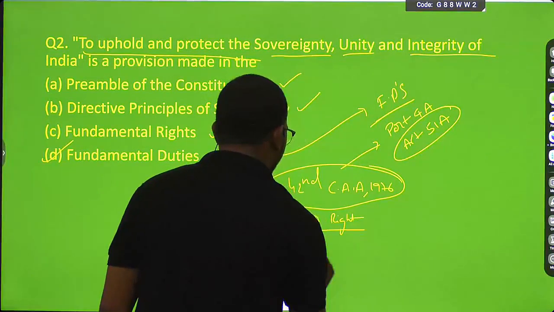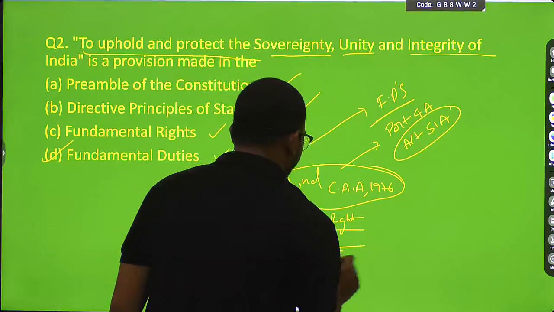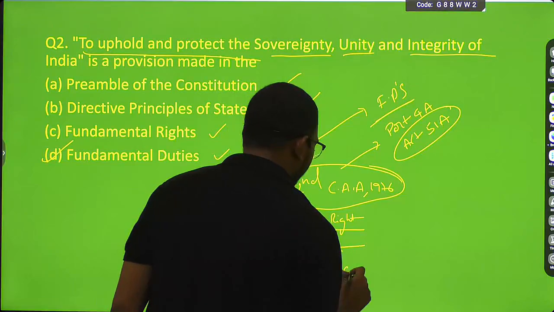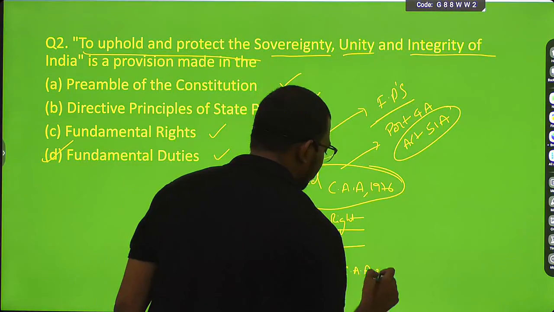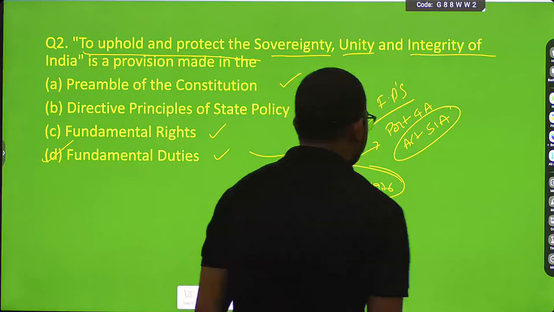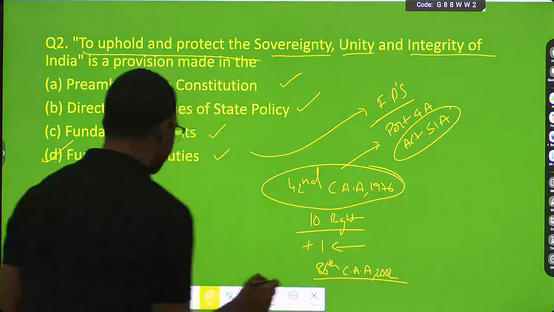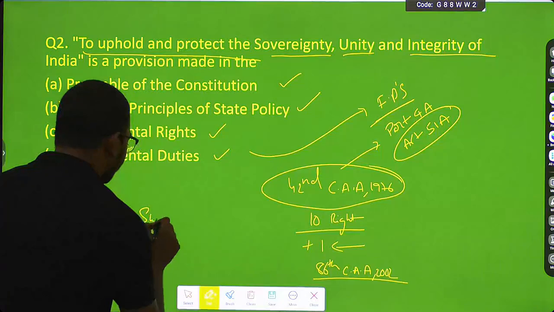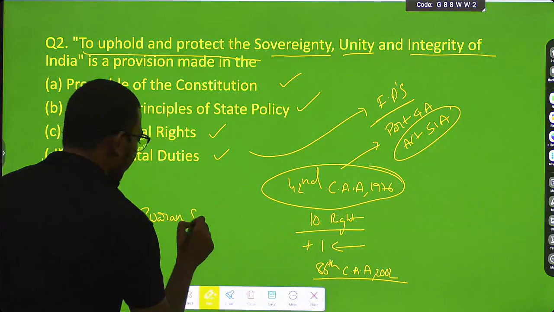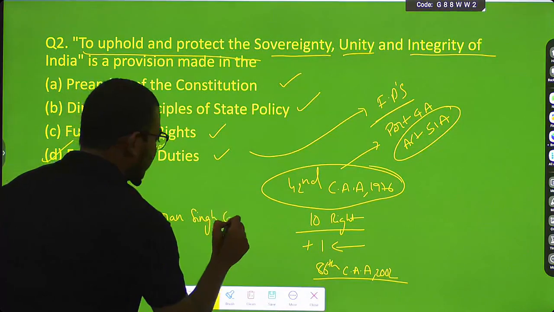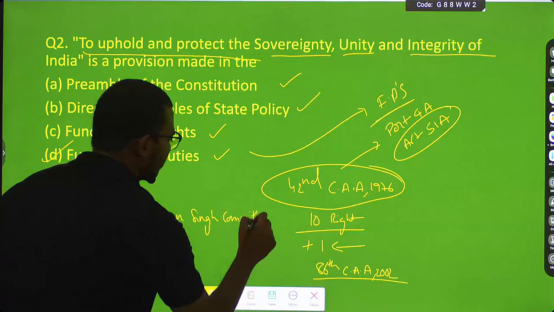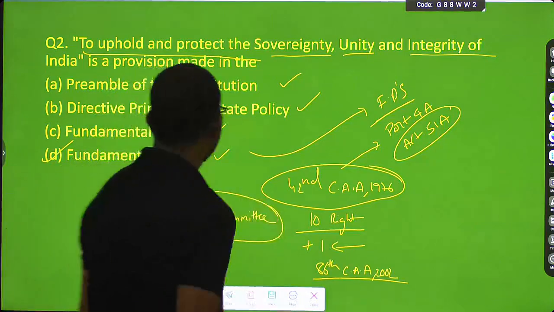Later we added one more through the 86th Constitutional Amendment Act 2002. Okay, so fundamental duties were introduced in our constitution on the recommendations of the Swaran Singh Committee.